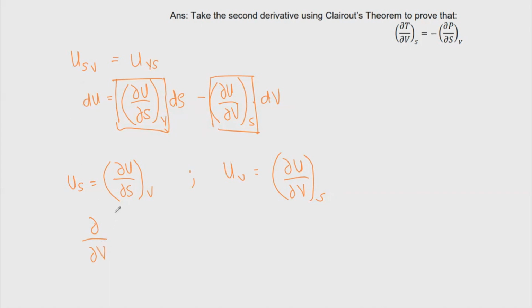So we need to do something like this. Okay, so that's it. And then is it kind of equal to this expression? So we have partial U over partial V, and then we need to take the partial derivative of this one again with respect to S.